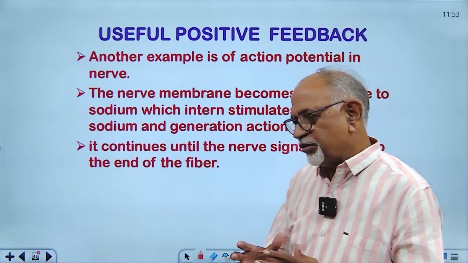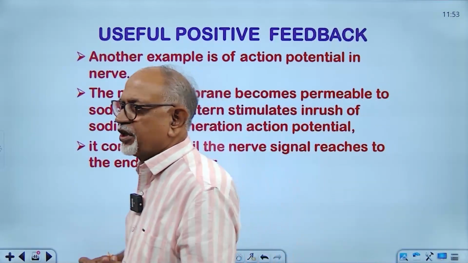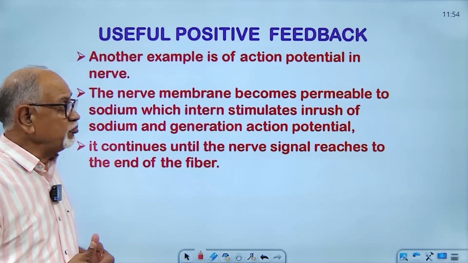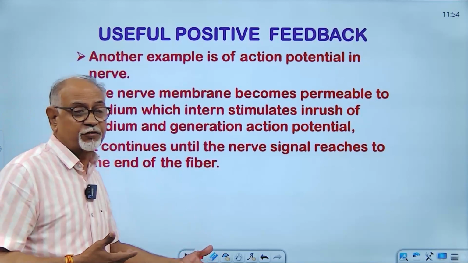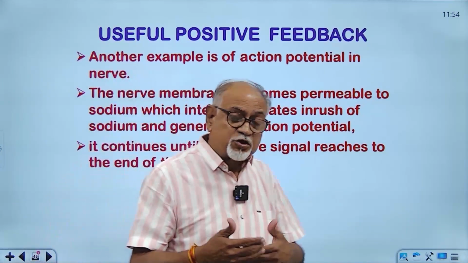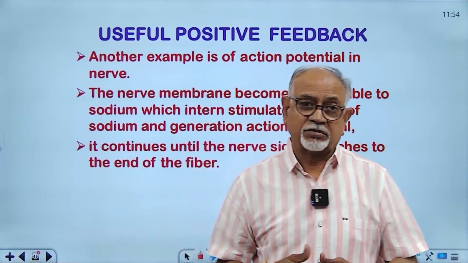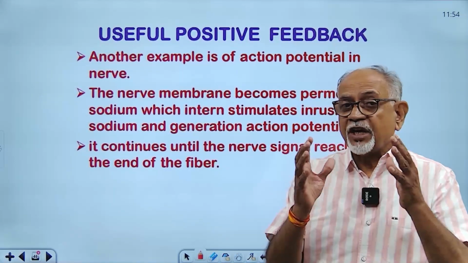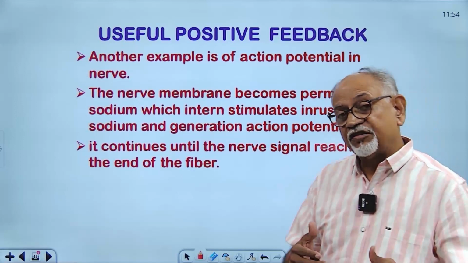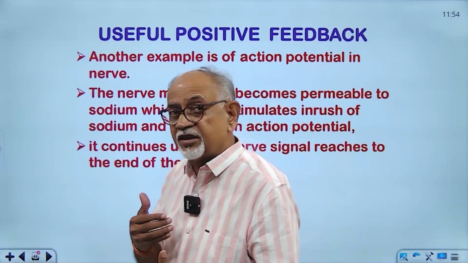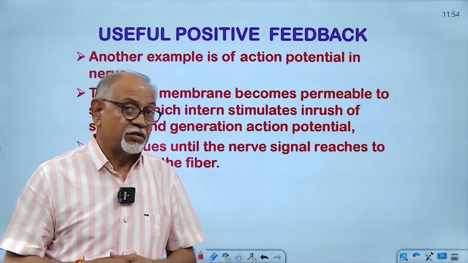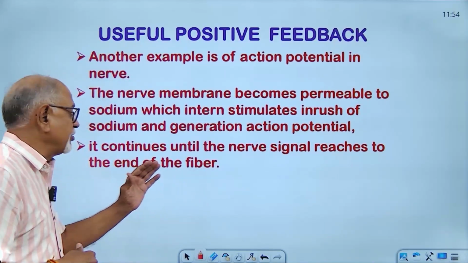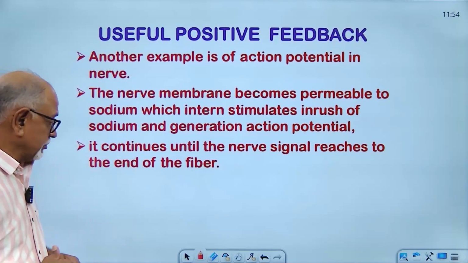So this generates an action potential in the nerve fiber, and then this further stimulates the adjoining areas of the nerve fiber where the sodium gates open and there is an inrush of sodium inside the nerve fiber till the impulse reaches the end of the fiber.